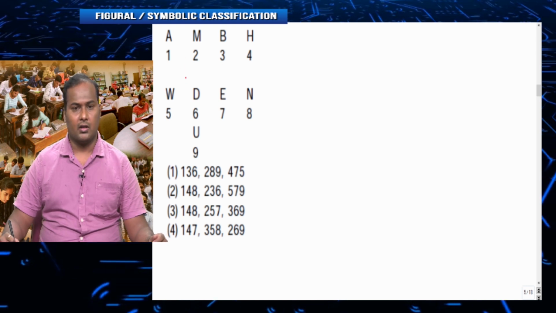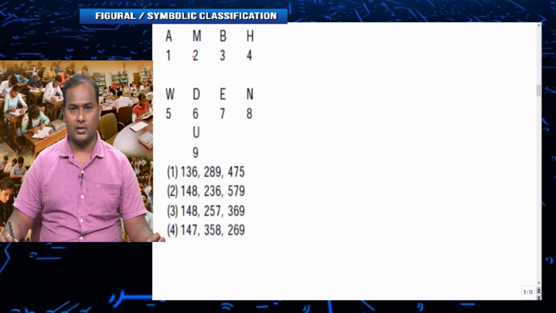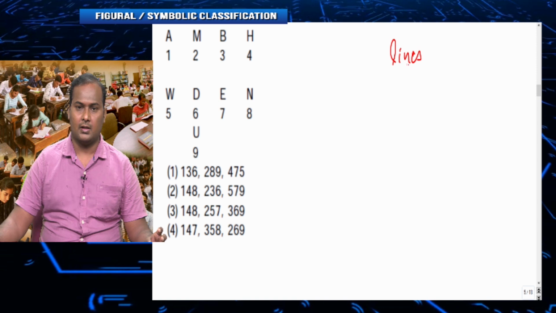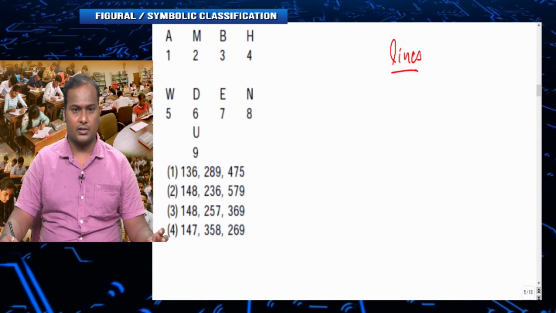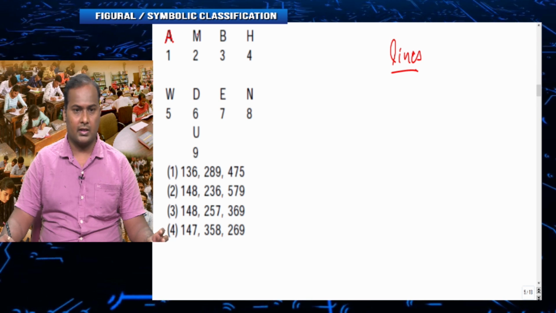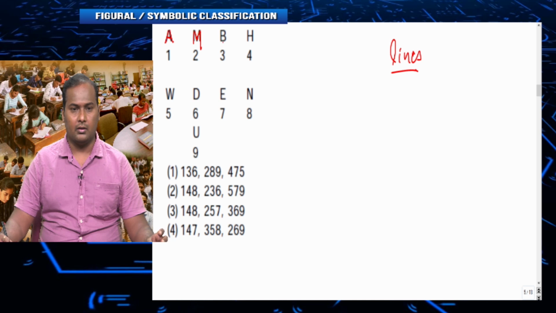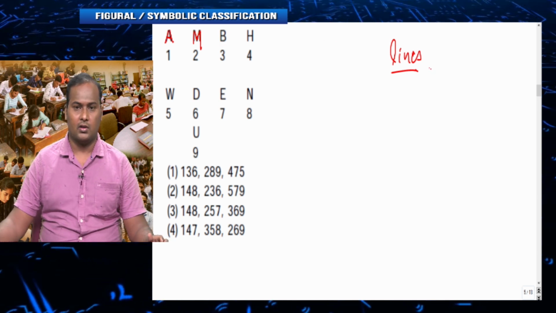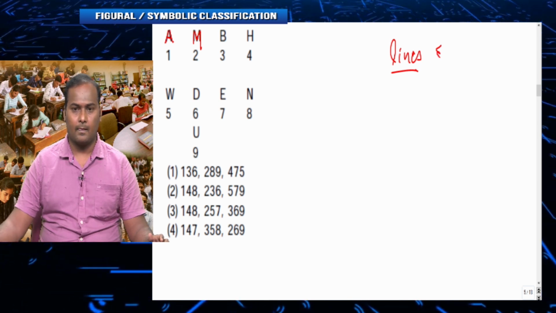But what I can see here is that in these letters, there are 2 things. One is lines. A has 3 lines, 1, 2, 3, whereas M has 1, 2, 3, 4 lines. But when you come to B, there are not only lines, there are also curves. So what is the character? The character is lines and curves.